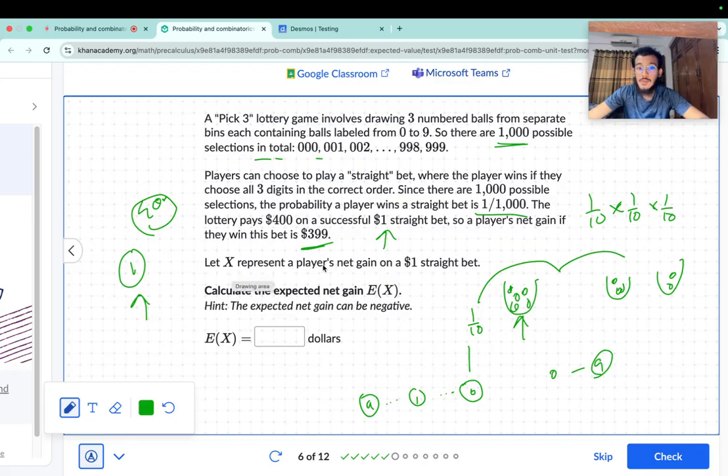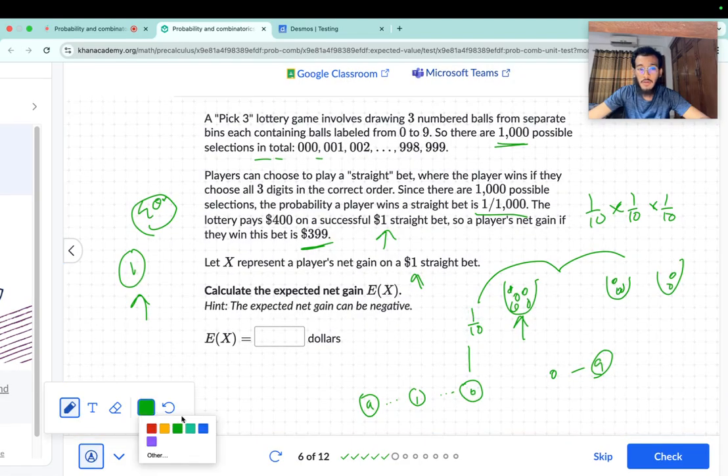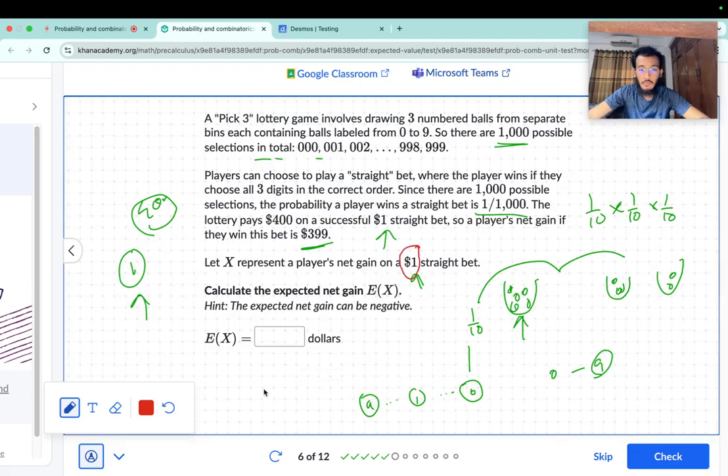So let X represent a player's net gain on a $1 straight bet. Calculate the expected net gain, E(X). The expected net gain can be negative. So net gain is your profit. What is the cost? It is 1. So for sure you have to subtract 1. But what is the outcome that you are getting?